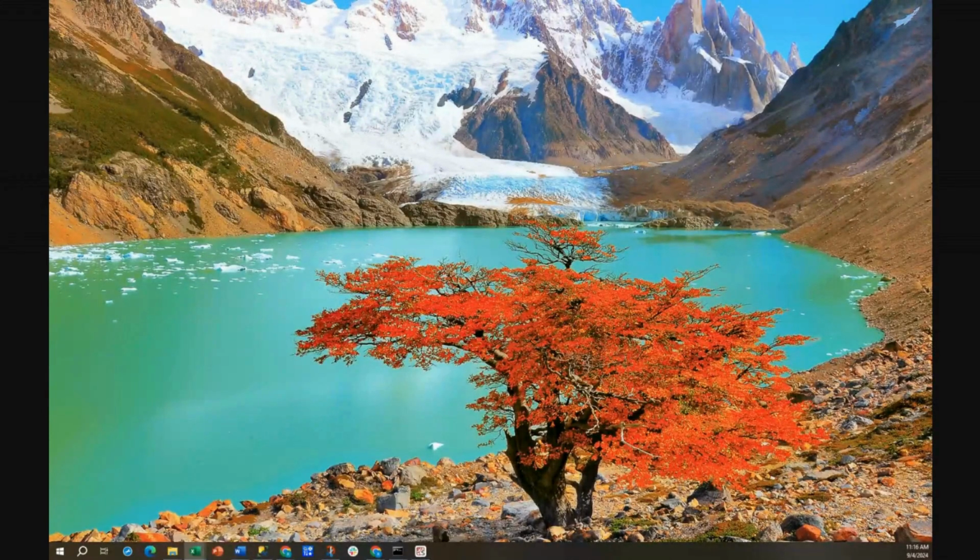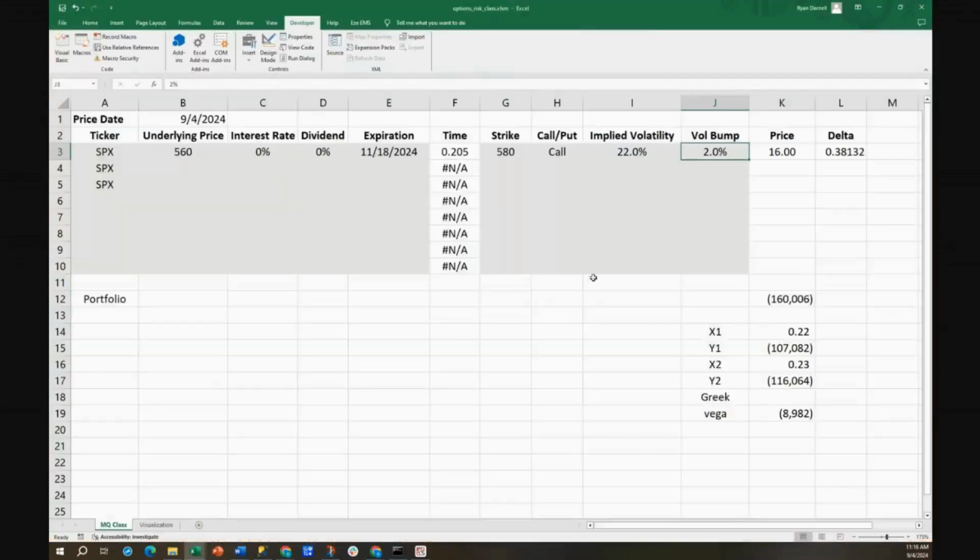Okay, so delta. Let's talk about delta now, because I think delta is probably the most common Greek, the most common kind of risk variable with respect to options that you'll hear about. It's the first one that always comes up, and there's a lot of misunderstanding about delta. The common sense definition most people use is that delta is the percentage probability, because delta always goes from 0 to 1 or 0 to 100%.